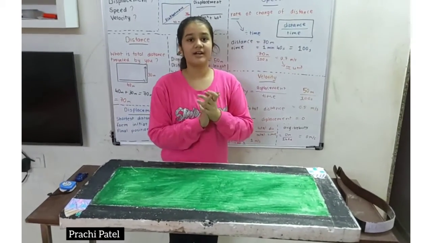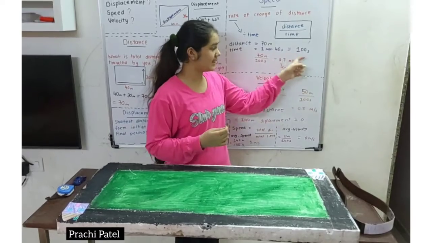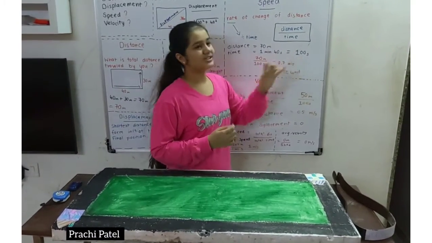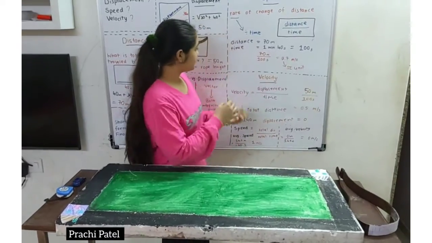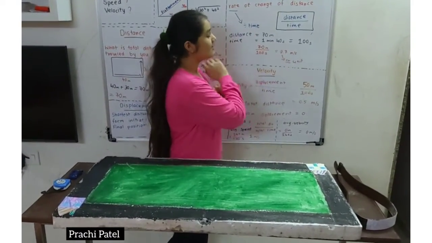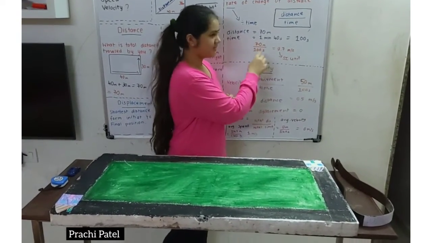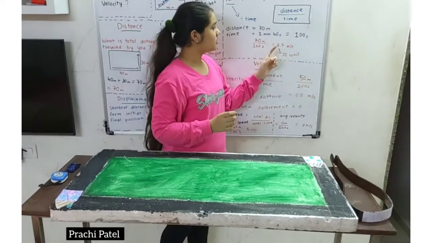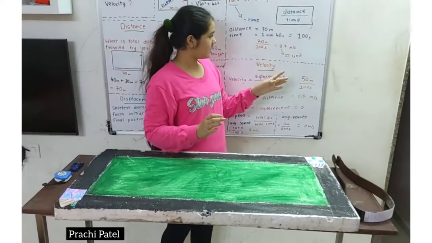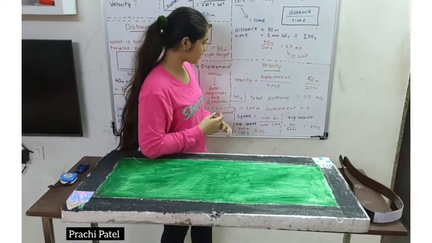We can't calculate it in minutes or hours. It has to be in seconds. So let's convert this into seconds, which is 100 seconds. Now we divide 70 meters by 100 seconds, which equals 0.7 meter per second. This is called an SI unit.